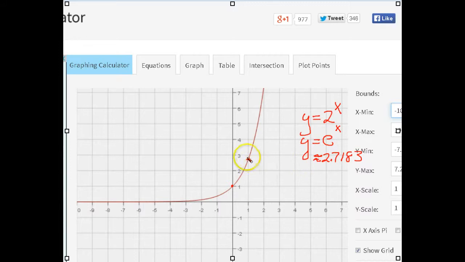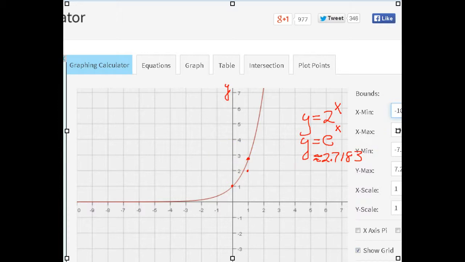Now this line will go through this, where you recall this one was 1 and then it went through 2. So this goes a little closer to your y-axis. Okay? Now, that's just to give you the basic background of this.